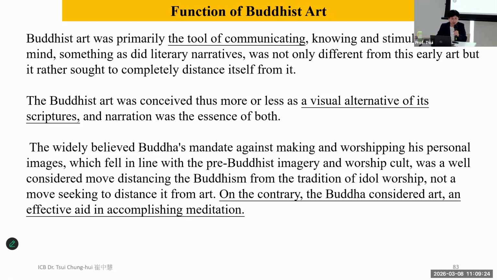Something, as did literary narrative, was not only different from this early art, but rather sought to completely distance itself from it. The Buddhist art was conceived thus more or less as a visual alternative of its scripture.